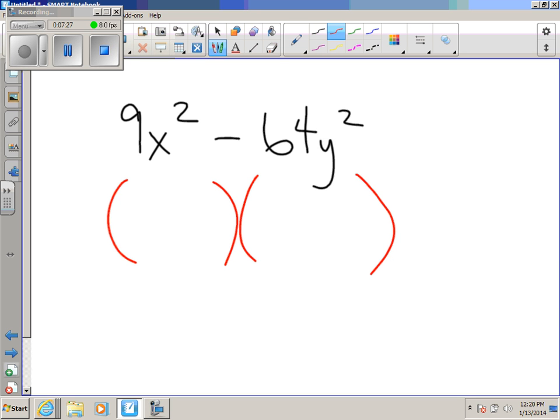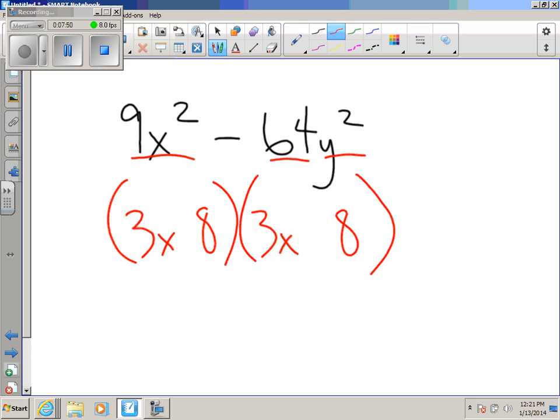Difference of squares. 9x squared is a square of what? 9 is a square of 3. x squared is a square of x. 64 is a square of 8.